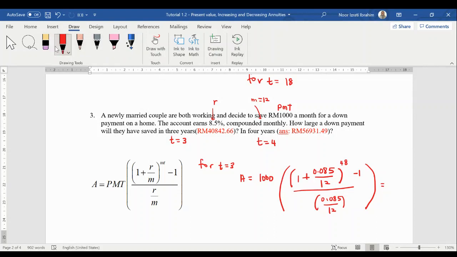Sorry, 12 times 3 is 36, right? Not 4. Now we do for T equals 3. So this one, 12 times 3, 36. Then you can get the final answer. When T equals 4, then the M times T will be 48. Still use the same formula, you just change the T value.